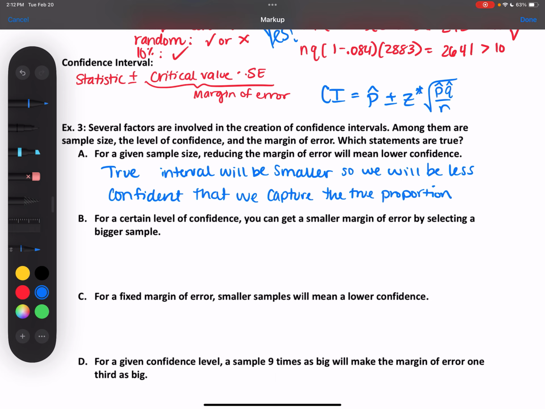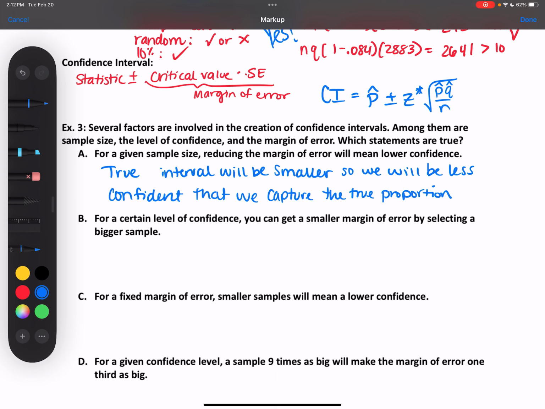True. Why? Because when you use a bigger sample, your margin of error does in fact get smaller when you use the formula there.